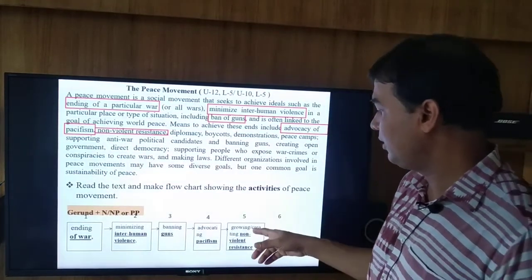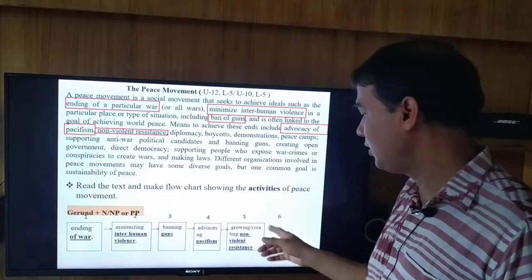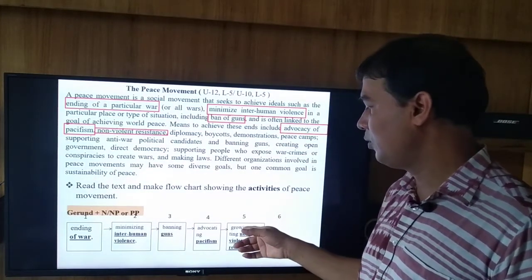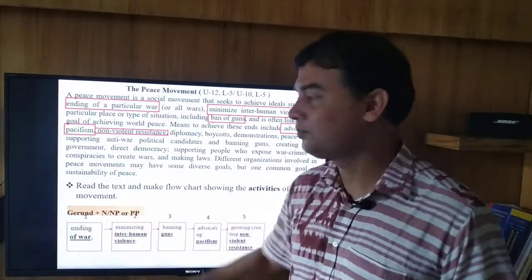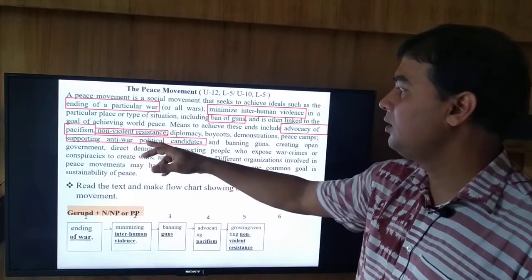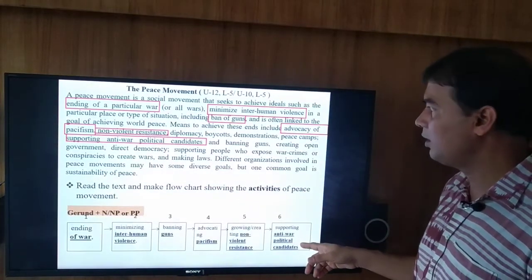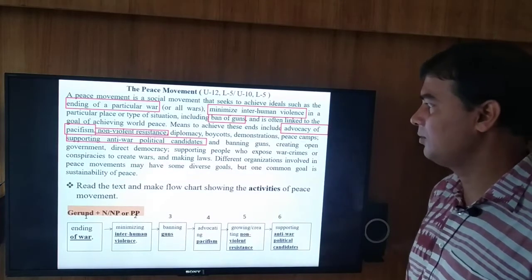So we can write growing or creating non-violent resistance. Here you have to write an extra word to make a gerund. Then supporting anti-war political candidates. So we can write supporting anti-war political candidates.